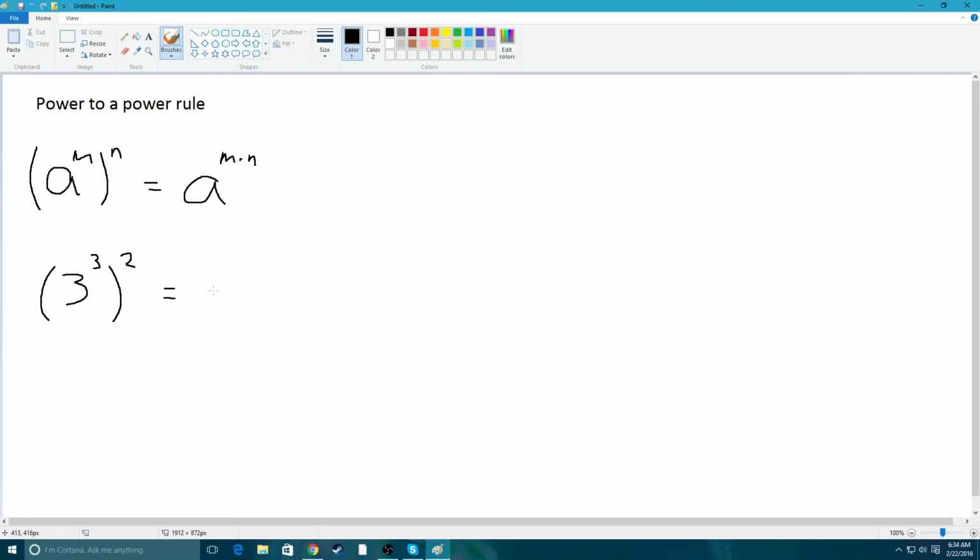So really that's 3 to the third times 3 to the third, which equals 3 to the 3 times 2. Multiplying these little powers together, and we get 3 to the sixth.